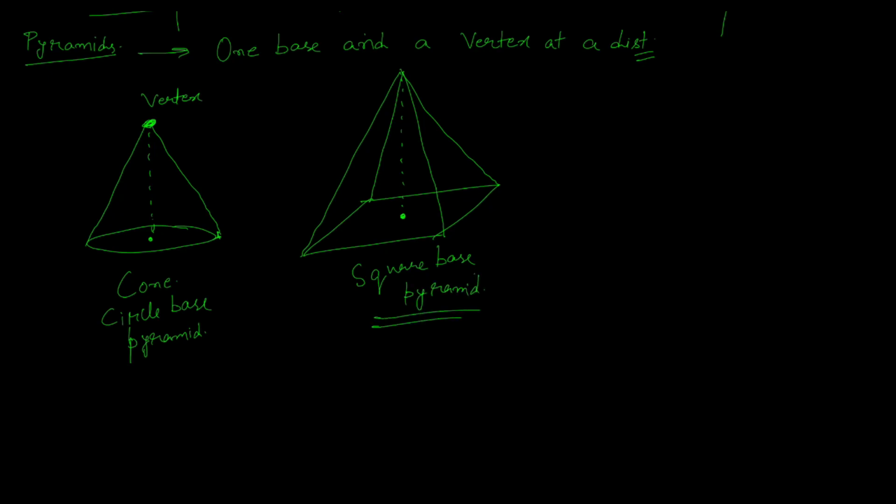Fine, simple. If I take a triangle and I take the circumcenter of this and I join a vertex here, join all the vertices of this triangle with this vertex, this is a triangle base pyramid.